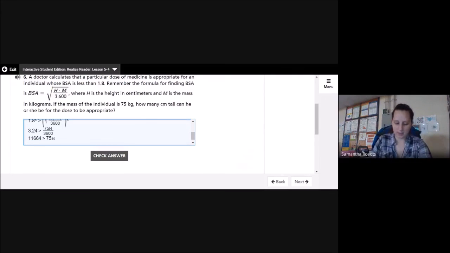Divide both sides by 75. I get 155.52. So the person needs to be 155.52 centimeters tall.